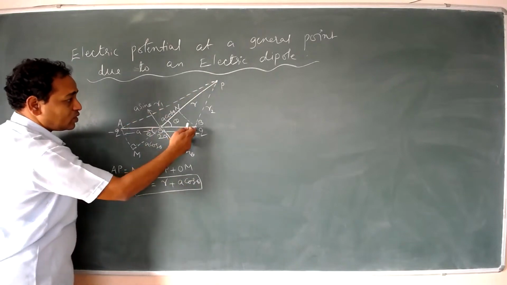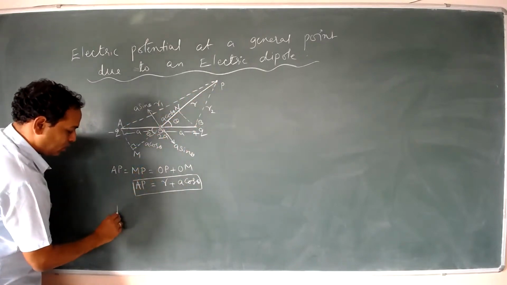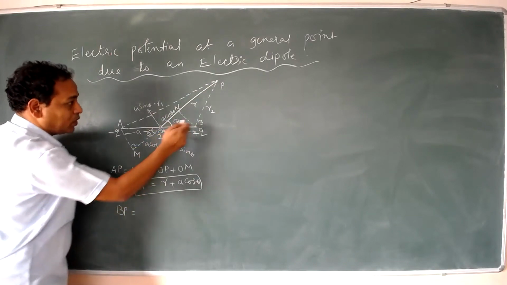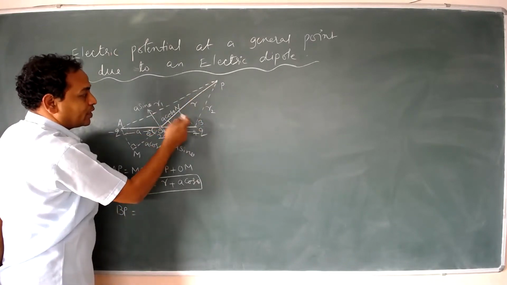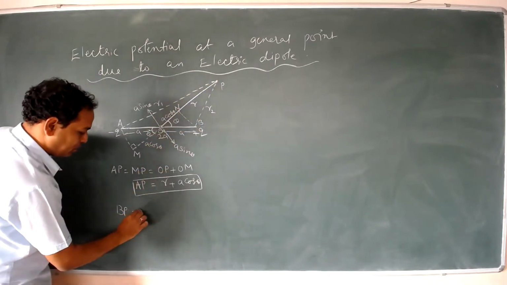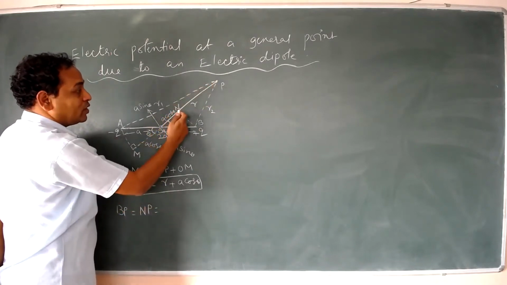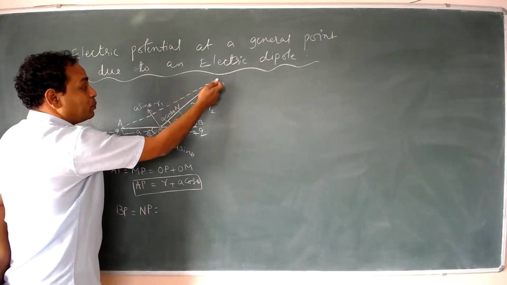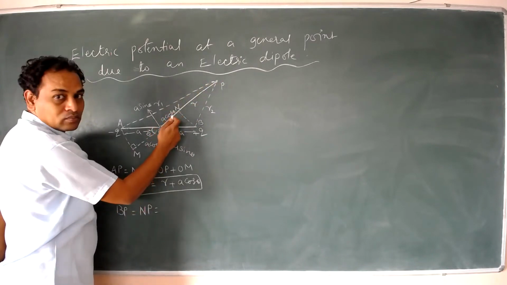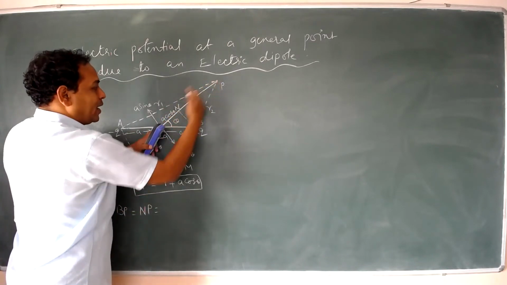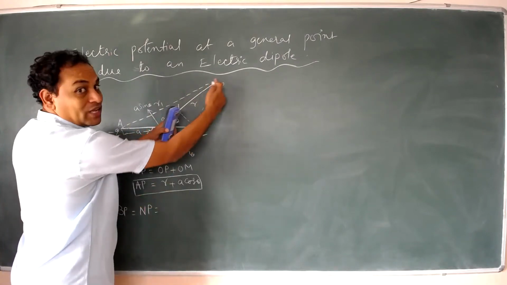Next one, BP. What is BP? BP can also be written as NP. What is NP again? NP is nothing but OP minus ON. If you do OP minus ON, I will get NP.